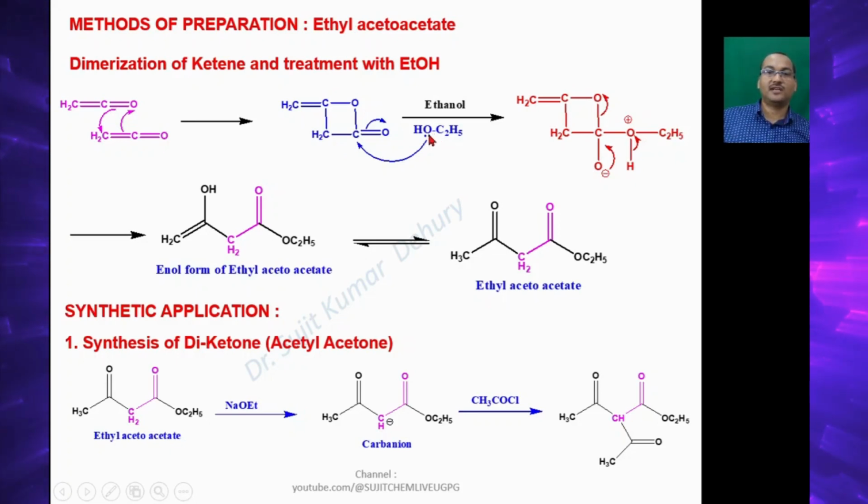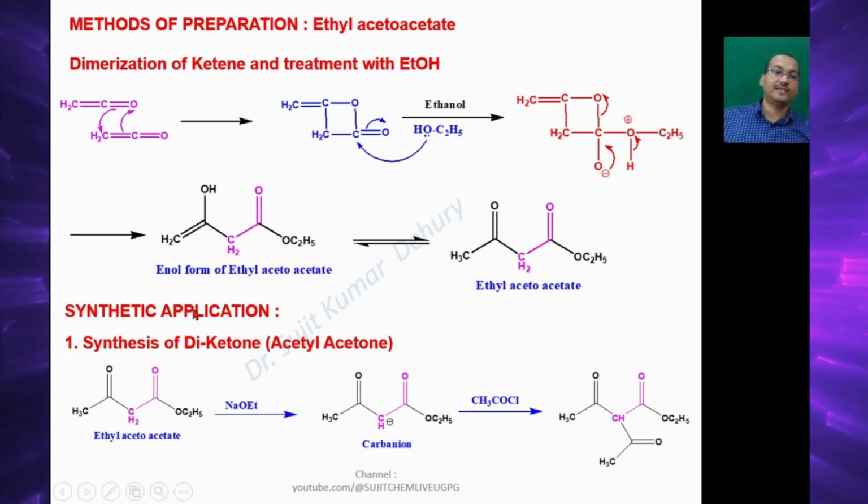The oxygen lone pair of ethanol will attack this carbonyl carbon, and the C double bond O will break on oxygen. As a result, you will end up with this protonated species. Again, when this O minus comes back, this CO bond will break on oxygen. So you will end up with the enol form of ethyl acetoacetate, which tautomerizes to give rise to ethyl acetoacetate.